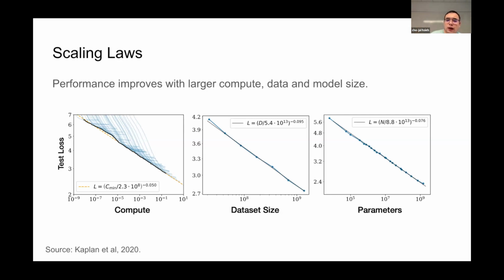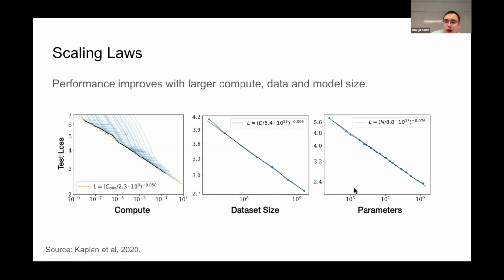But this is not true when you train a next word prediction language model with transformer. They found that when you increase the number of parameters and at the same time you also increase the data size and the compute for training those networks, then you see the test loss actually drop linearly as you increase the parameters, data set size, and compute exponentially.